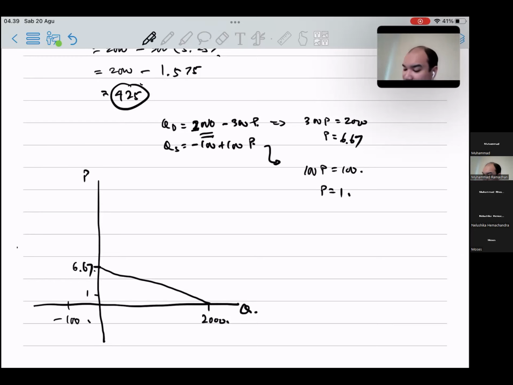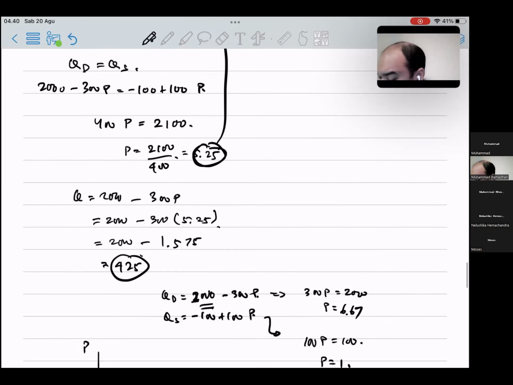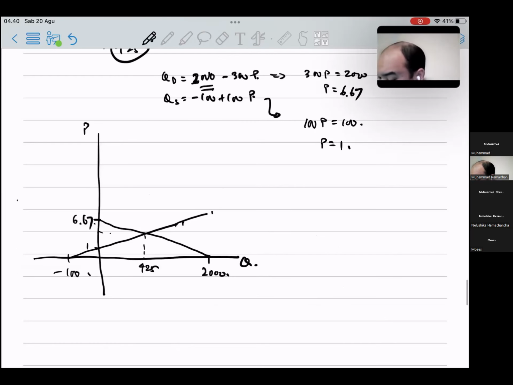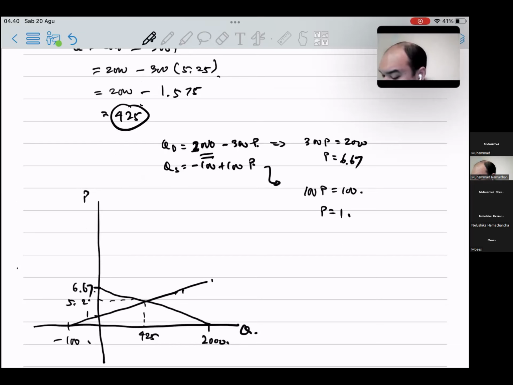So the supply curve is like this. So the equilibrium is Q equal to 425 here, and P is 5.25. Okay.